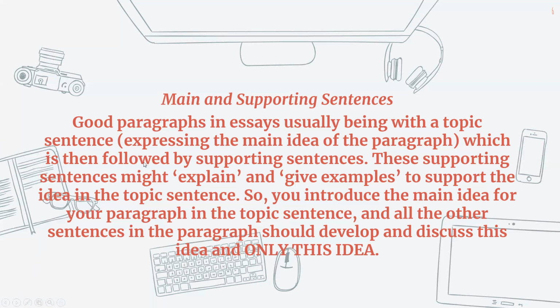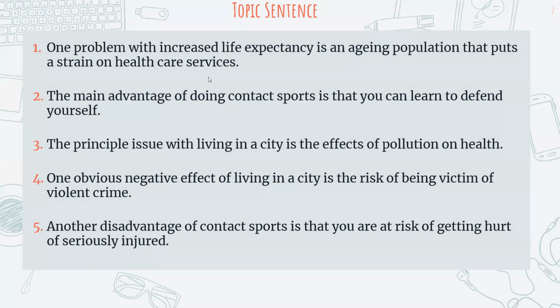So you have to think about your topic sentence, and that each sentence that follows the topic sentence is there to support it. So let's talk about that for a minute.